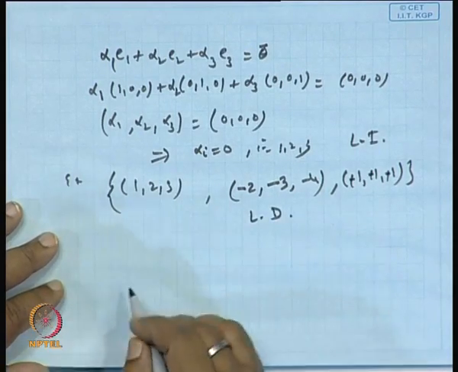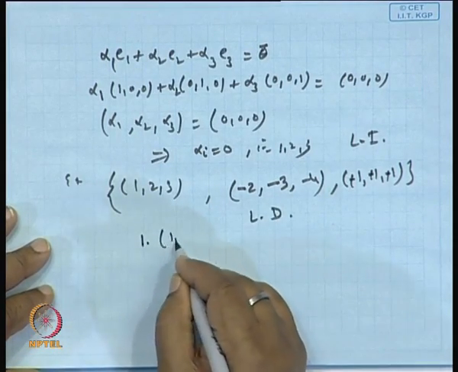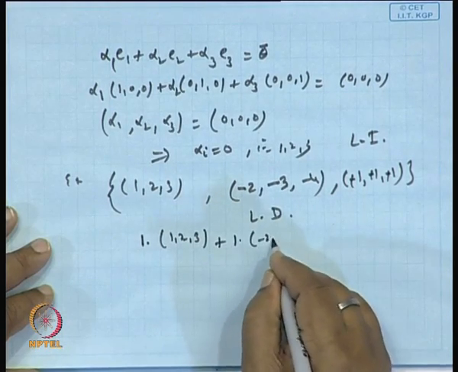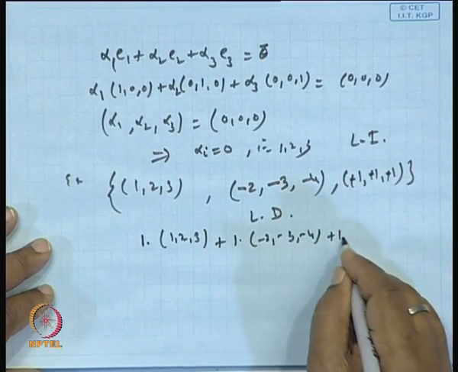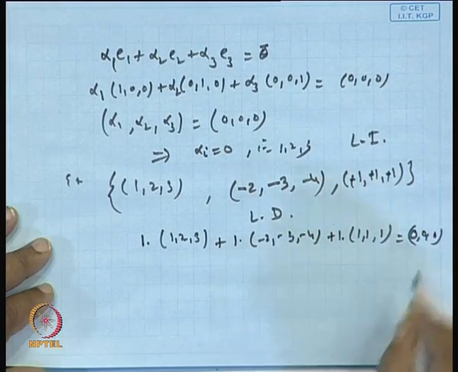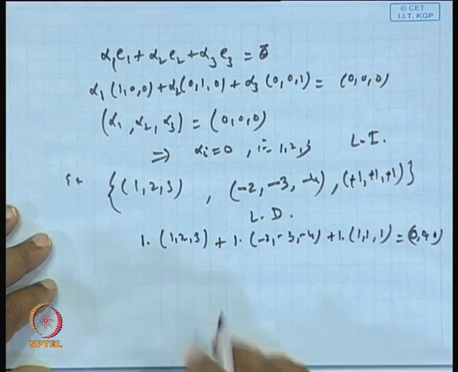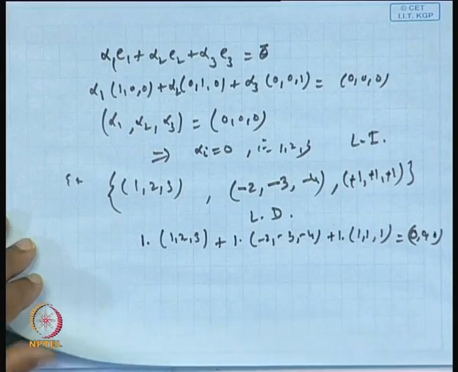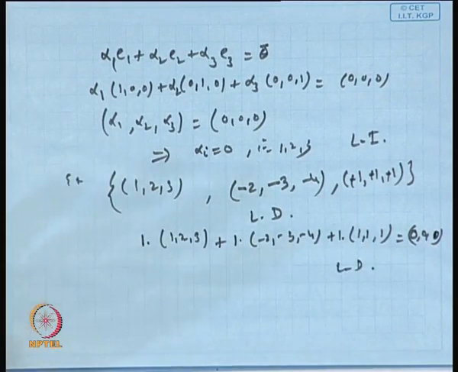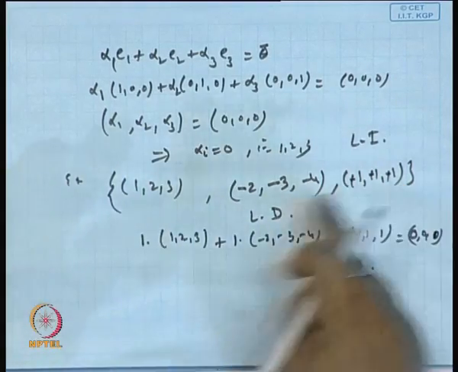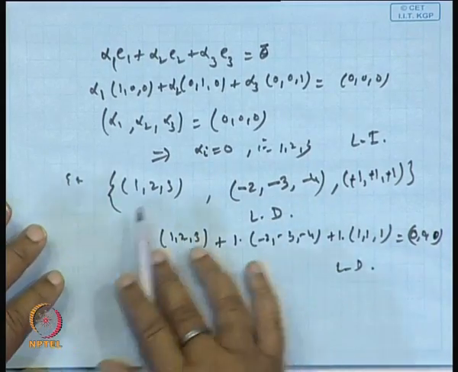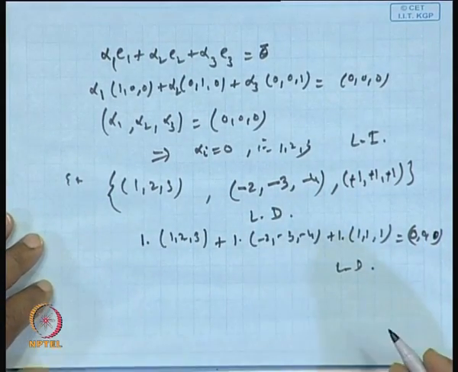Why? Because if we multiply each by 1 and add, we get 0, is it not? But the alphas are not 0. So, they are linearly dependent vectors. In fact, any one of the vectors can be expressed as a linear combination of the other two. If the vectors are linearly dependent, then one of the vectors can be expressed as a linear combination of the others.